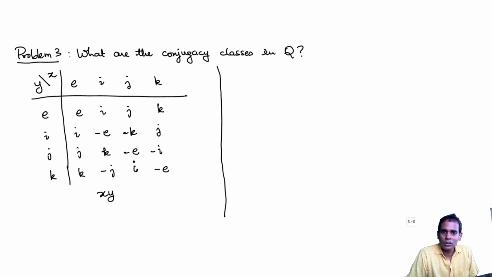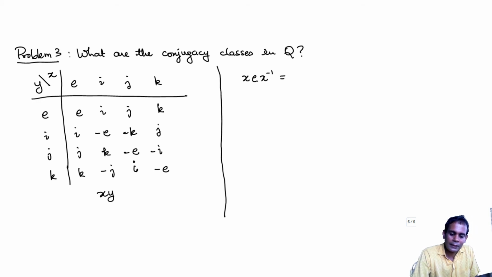Okay, so let's solve this problem. So firstly, let's take the element e. What is the conjugacy class of e? So I want to know, if I have an element x in the group Q, what is x e x inverse?